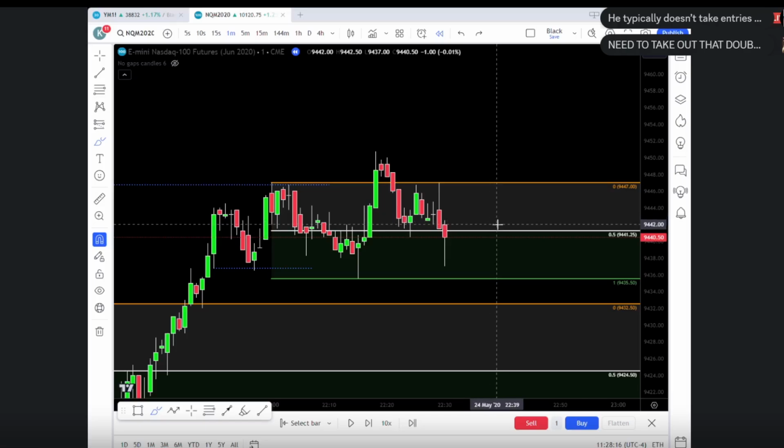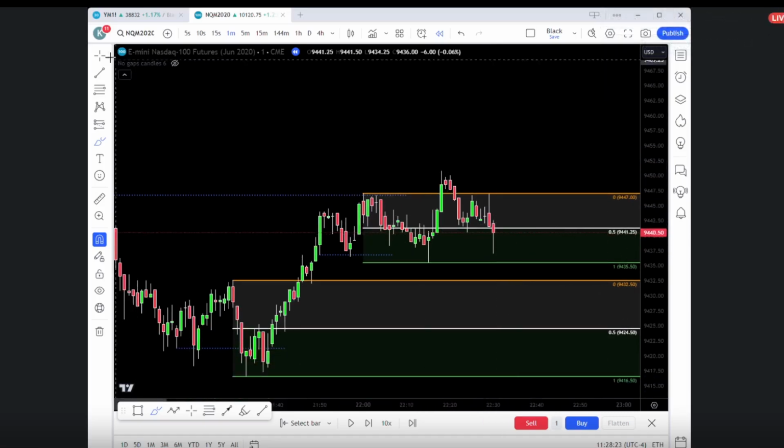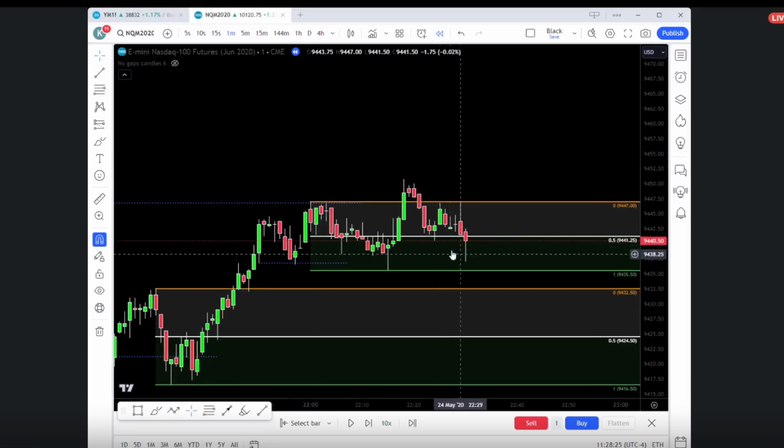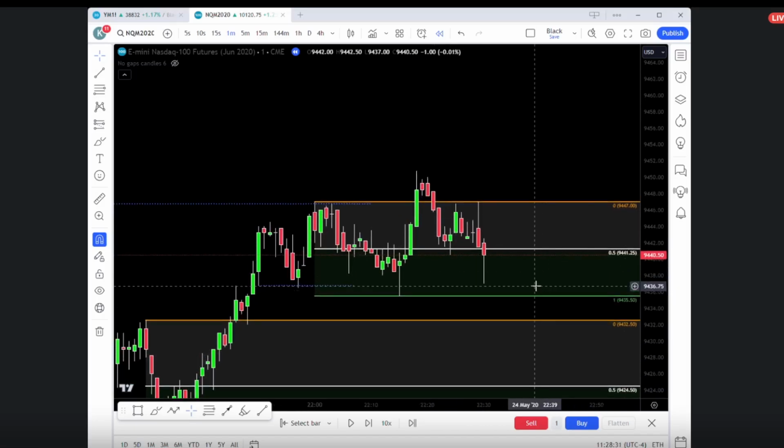Need to take out that double top with close and retrace before it went long. Yeah, I would definitely agree with that. For sure. Right. I'm currently short looking for at the minimum this low. Right. And what Chuck is saying is this area here needs to be liquidated before we consider going long, which is true.